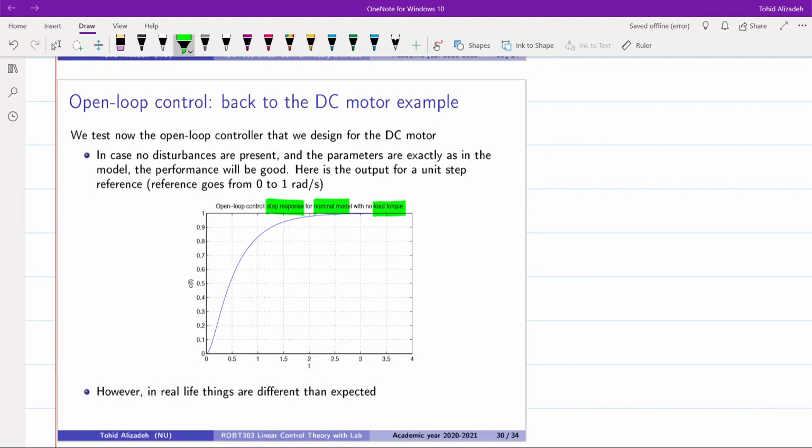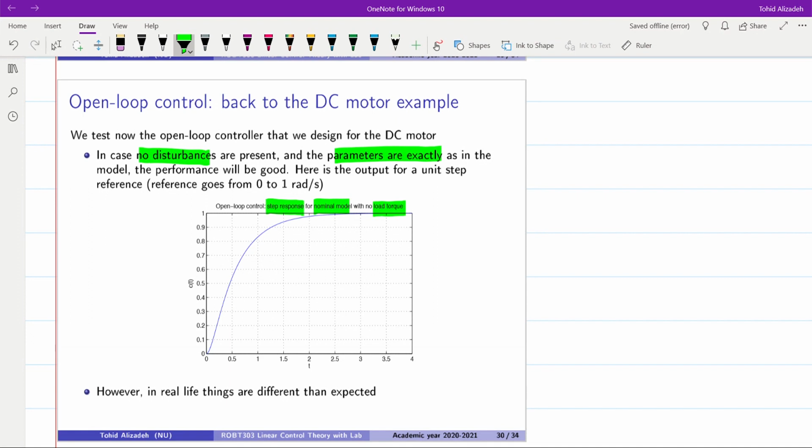So there is no disturbance and our model is nominal. The parameters are exactly as in the model, so there are no variations. Let's say we are using the nominal values for the DC gain of the system as well. The performance is shown here. It is, let's say, good.